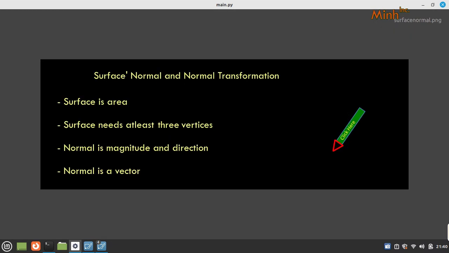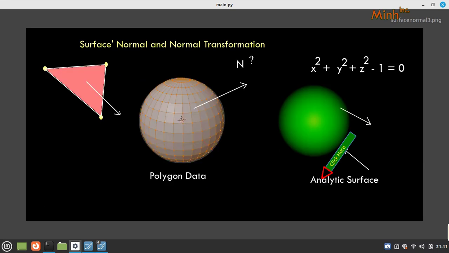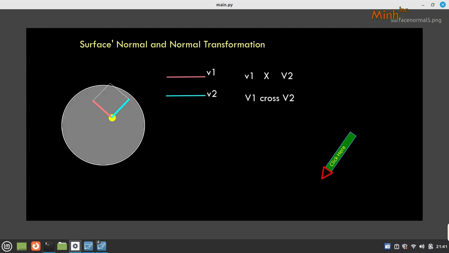Okay, since the beginning we saw how to find the normal. A surface is there and there is a normal, which is a vector with a direction, and we saw two cases. One is the analytical surface, one is polygon data. For any analytical surface we can find the normal, for explicit surface definition and implicit surface definition.